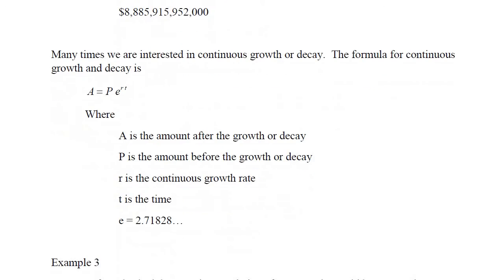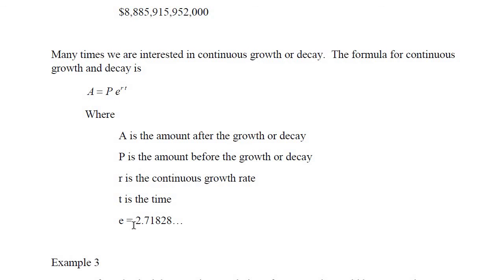Now, many times we are interested in continuous growth or decay. The formula for continuous growth or decay is the following. A is equal to P times e to the r times t, where A is the amount of money after the growth or decay, P is the amount before the growth or decay, r is the continuous growth rate or decay rate, and t is the time.